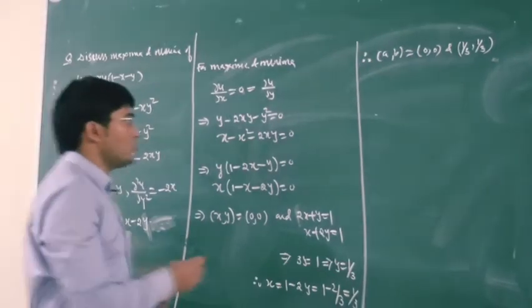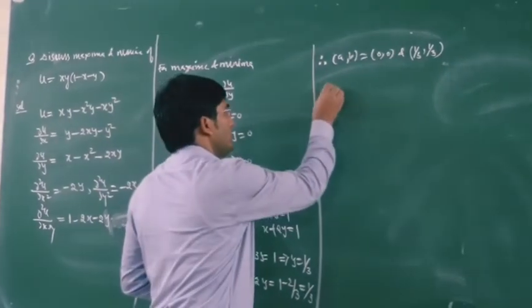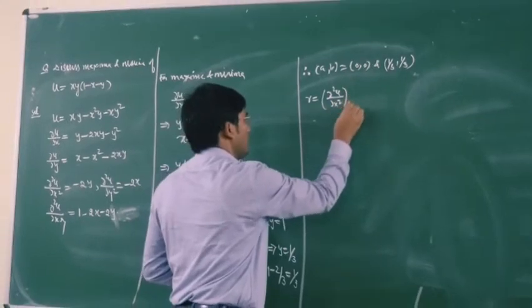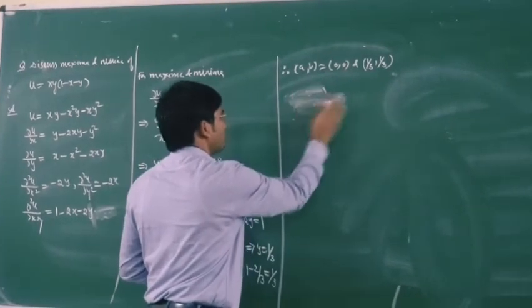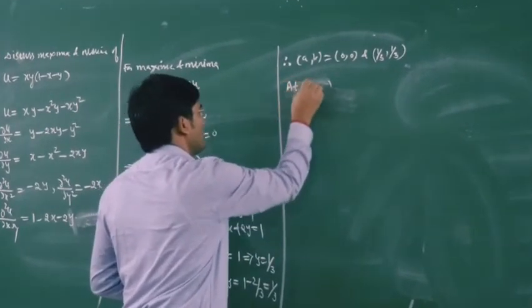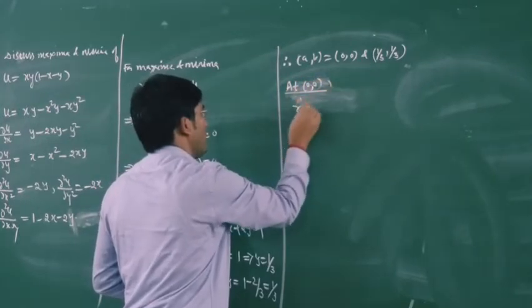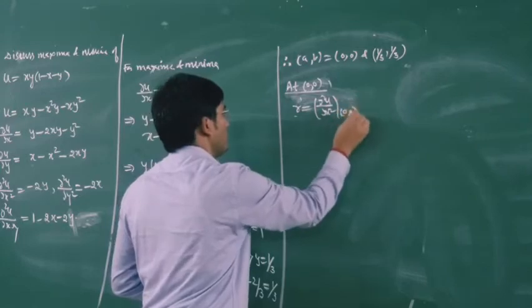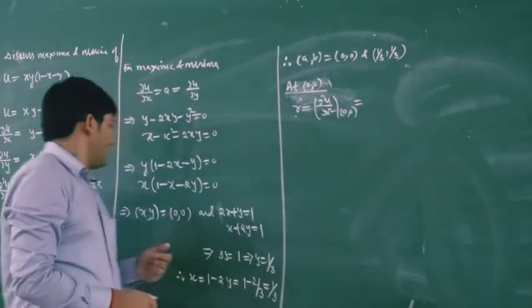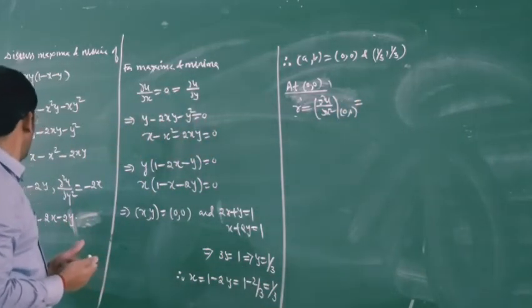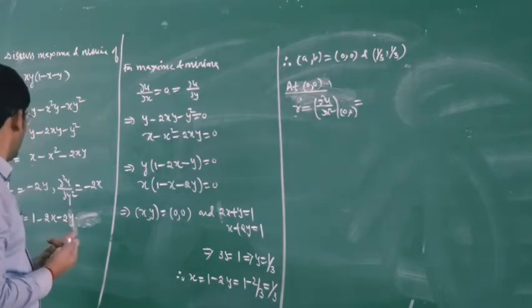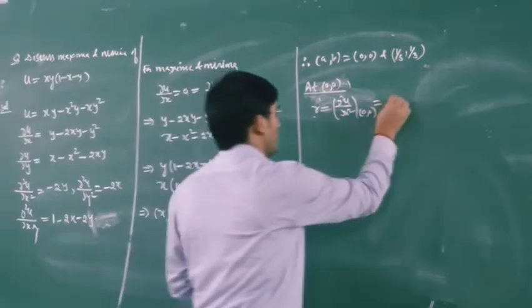Now let us compute your R, S, T. Your R is del square u upon del x square at a comma b, say first at 0 comma 0. Your R will be del square u upon del x square at 0 comma 0, and if we put x and y equal to 0, then this is equal to 0 here.